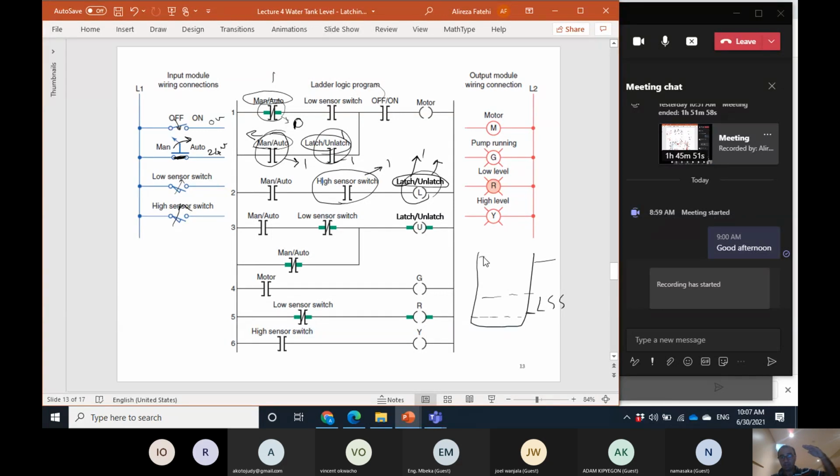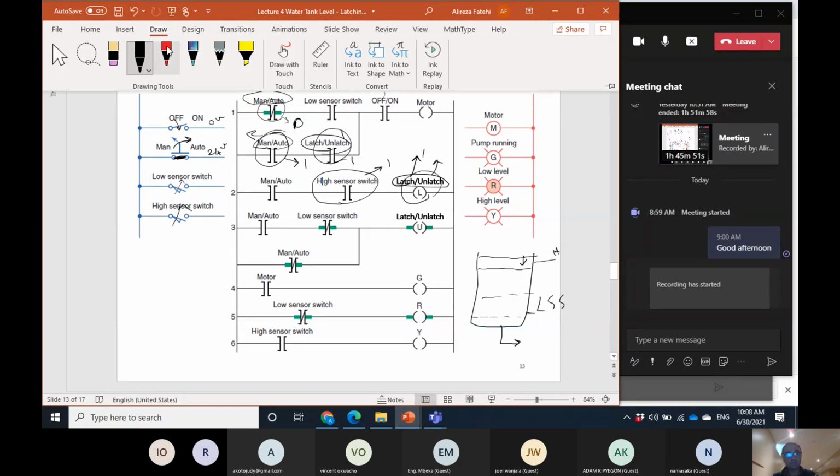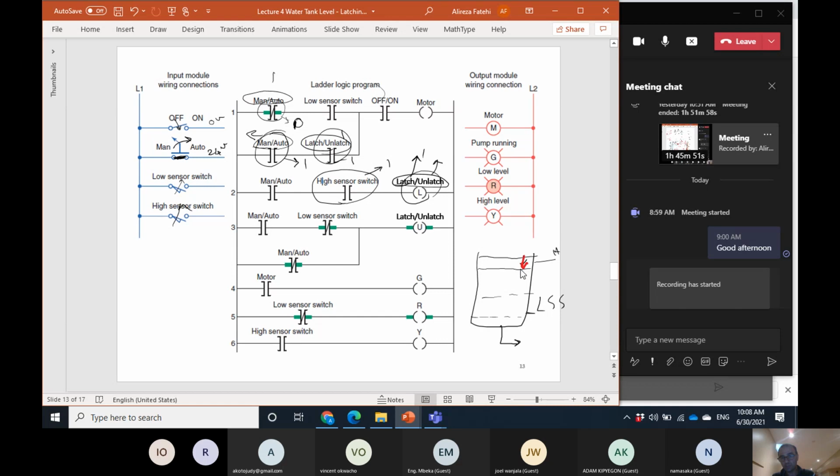What will happen if the pump turns on, and as a result, the tank discharges? Let's see what will happen if the level reaches lower than high, but it is still higher than low. When it reaches this point, the high sensor switch becomes 0, and so this becomes 0.